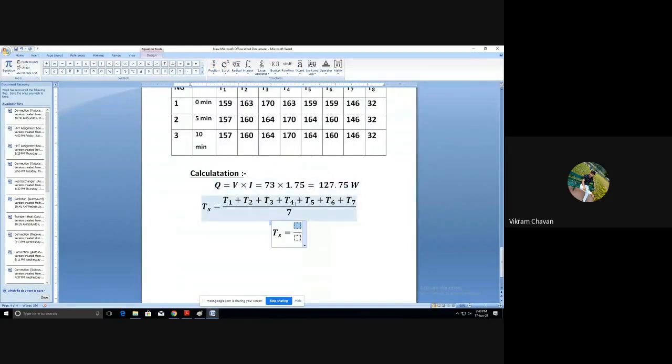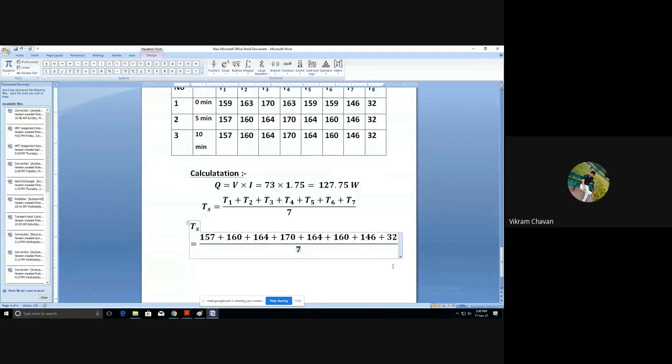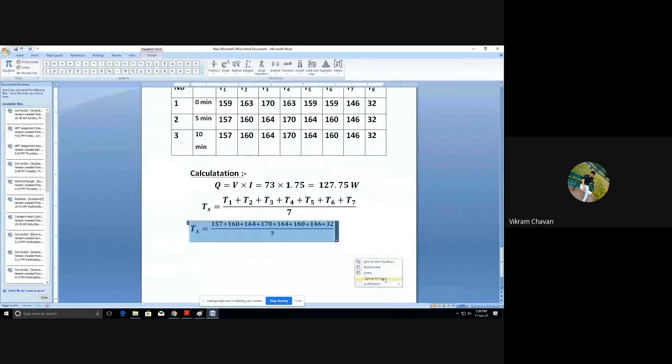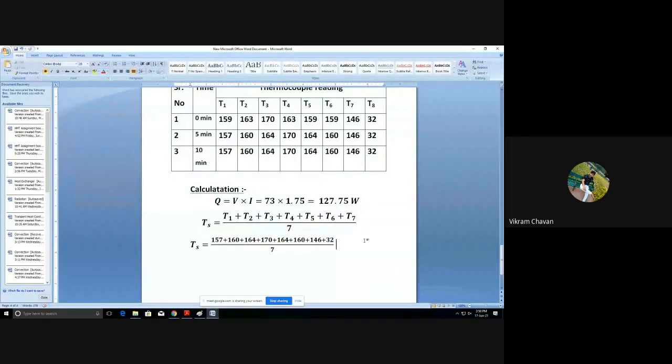Okay, so 157 plus 160 plus 164 plus 170 plus 164 plus 160 plus 146 plus 32 and divided by 7. Do the calculation and find the average temperature for the surface.